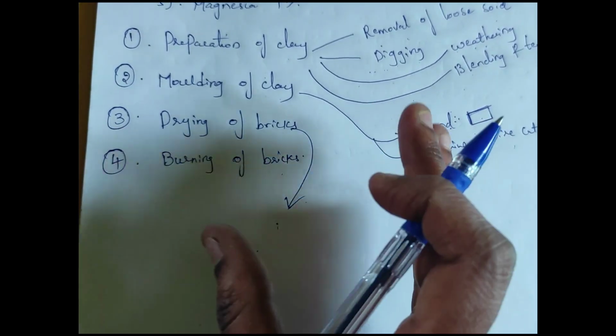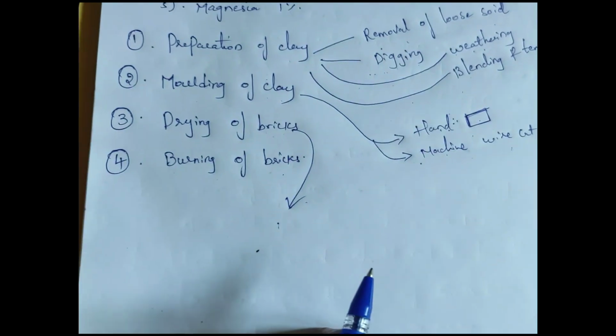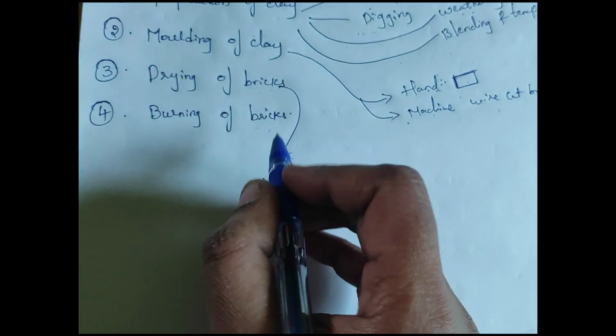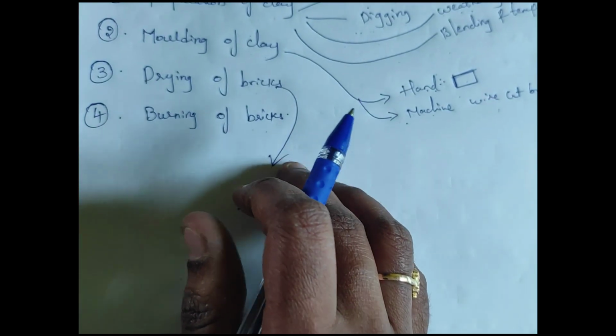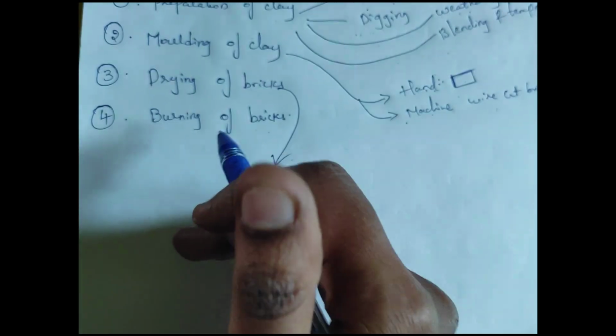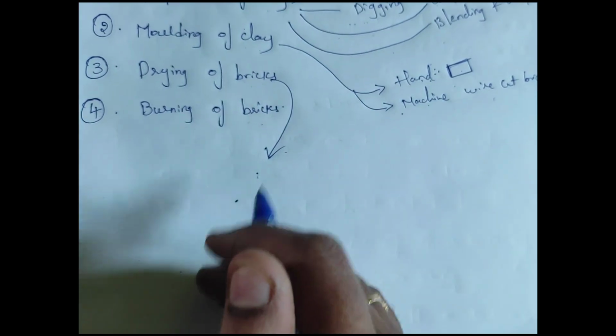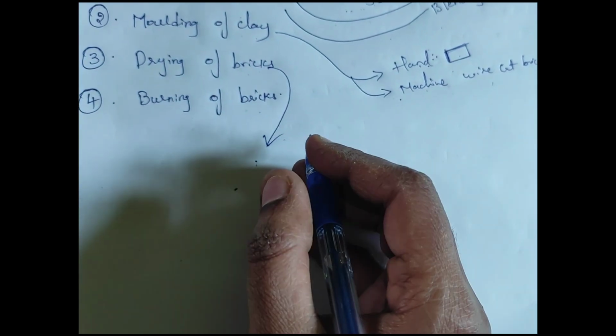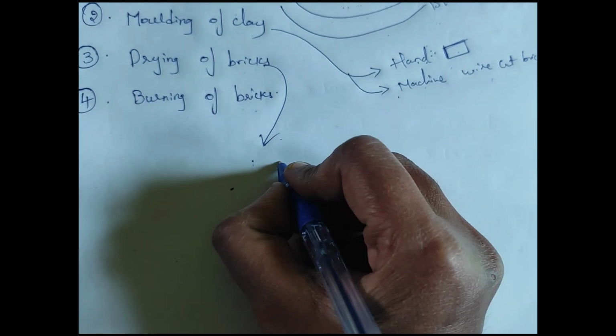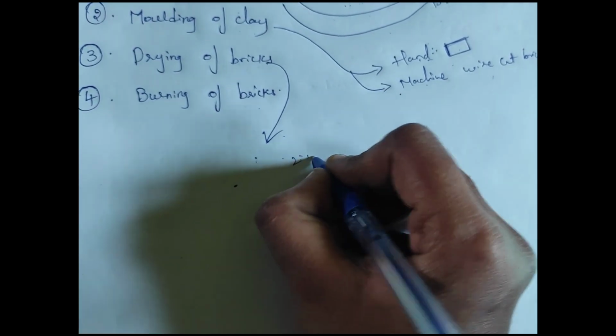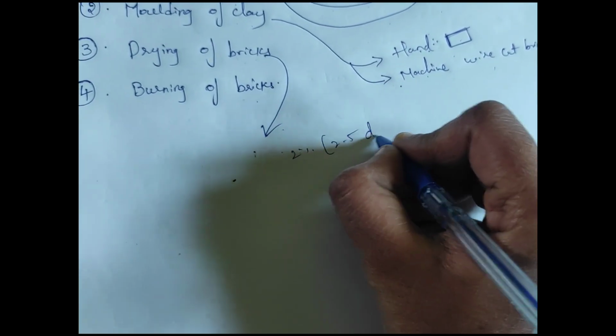A stack consists of 10 or 8 tiers. The bricks are laid across the stack in alternate layers, all placed on edges. The bricks are allowed to dry until they become leather hard, with moisture content of about 2%, which takes 2 to 5 days.